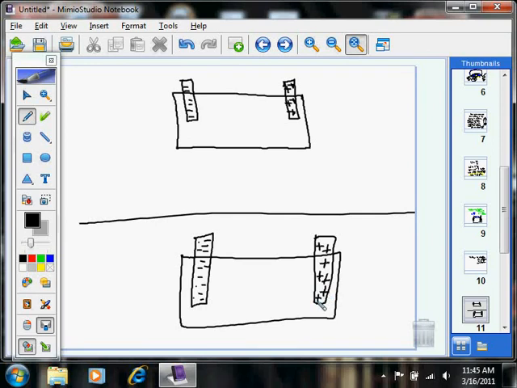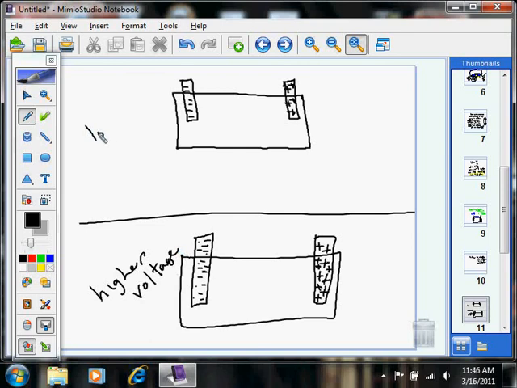I wanted to show a huge difference. Basically, which battery is going to have a higher voltage? Julie? Yeah, the bottom one. So this one here is going to have a higher voltage.